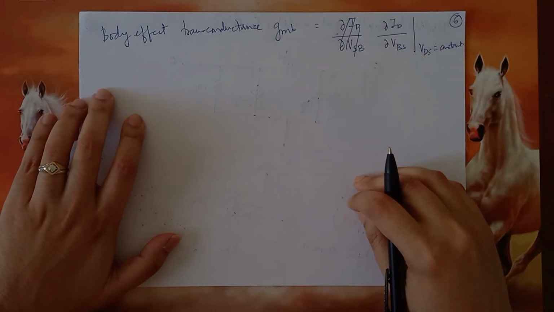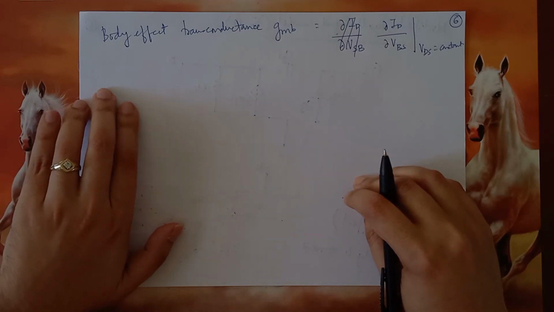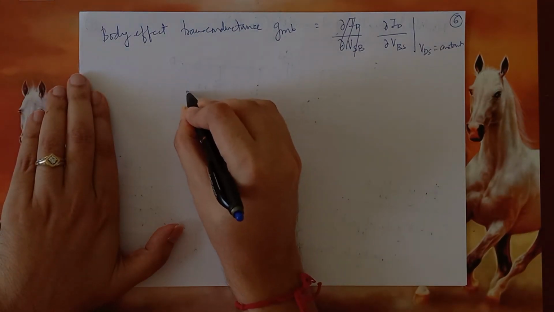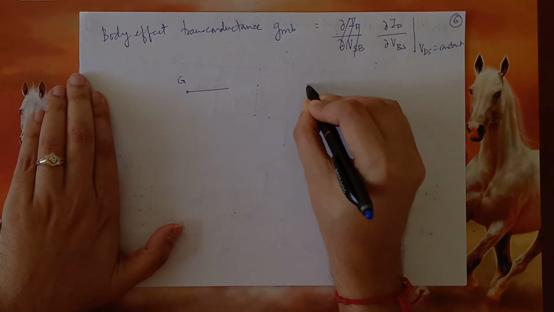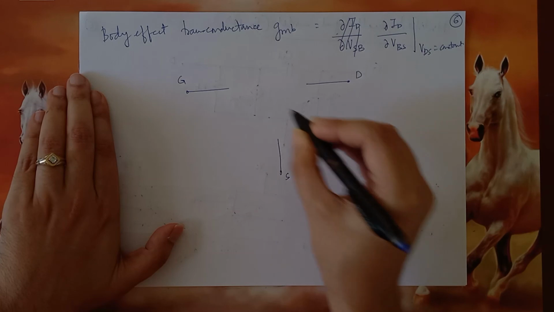So now what would happen is that the model would again undergo a slight modification. So far what we had done, this is the gate, this is the drain, this is the source.